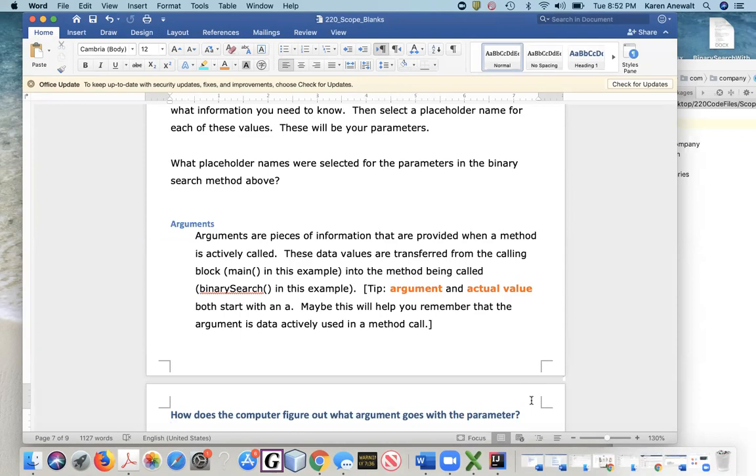So we're looking for these arguments as a way of communicating information from the main method into the method that we're writing, the binary search. Remember that the arguments represent the actual values, and both start with A, so that's how you can remember that the arguments are the actual information, not the placeholder.